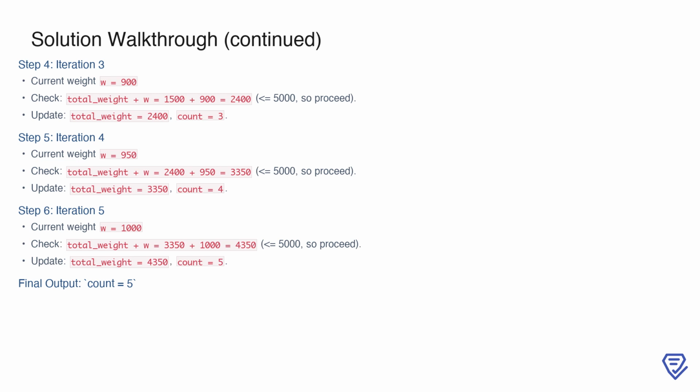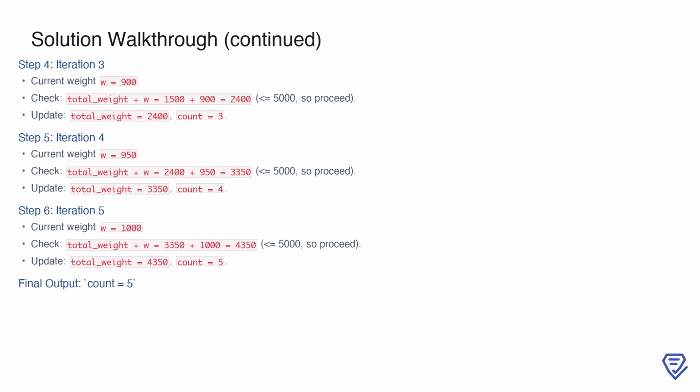We update total_weight to 2400 and increment count to 3. Next, we consider the weight 950. Adding this to our current total of 2400 results in 3350, which is still within the weight limit. We proceed by updating total_weight to 3350 and count to 4.